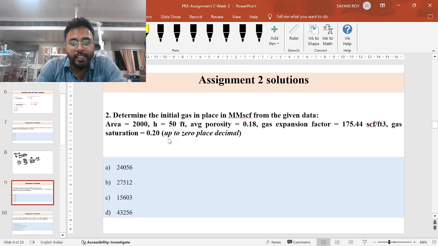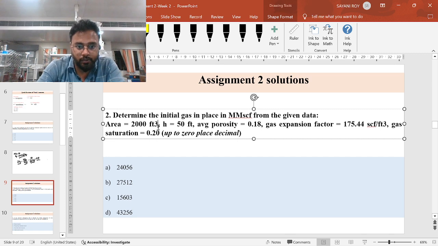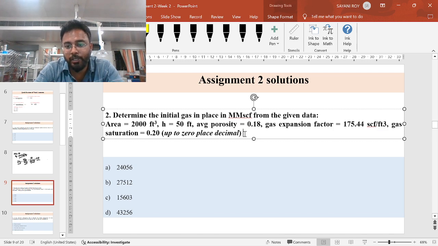Determine the initial gas in place in mmscf, million standard cubic feet, from the given data. The area is given as 2000 feet squared. Height is given as 50 feet. Average porosity is 0.18. Gas expansion factor is 175.44 SCF per cubic feet.